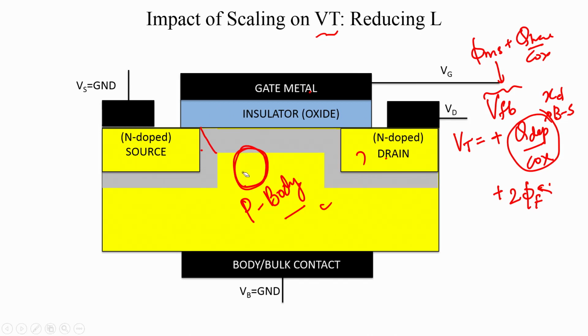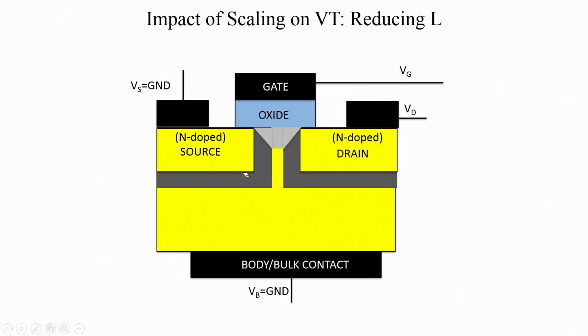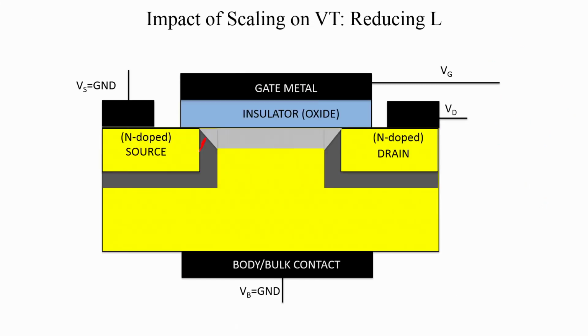Now, what happens if you start reducing the device? Here I had a nice picture and I did not use it. The dark region shows the portion depleted by the PN junction, whereas the gray region shows the portion depleted by the gate.